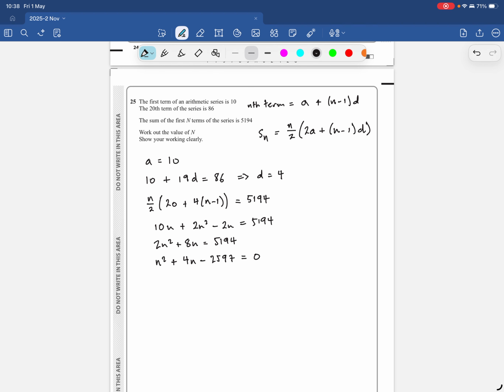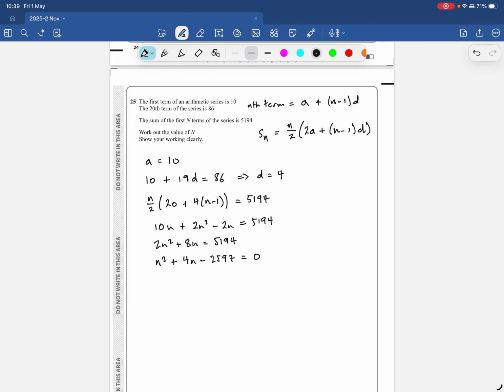So at this point, you want to put this into your calculator. You should, I think, probably show the substitution into the quadratic formula here. You've got an a value of 1, a b value of plus 4, and a c value of minus 2,597. So stick that into your calculator, but you must show the substitution.